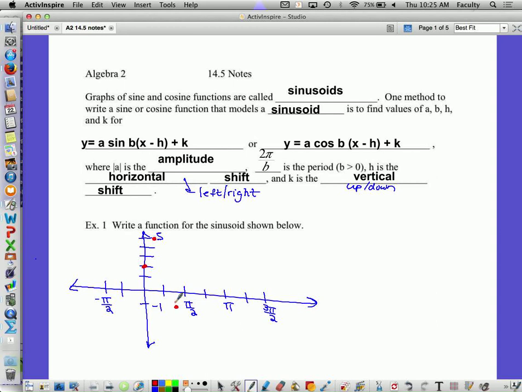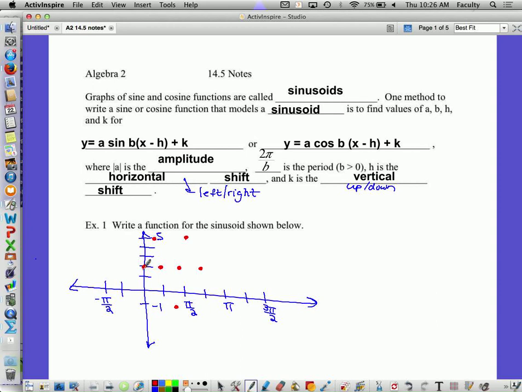Oops, I missed one here. At the first tick mark is here. Halfway is back here. Well, it's really at pi over 2. Then halfway it's here. So like every half of a tick mark I'm plotting, okay?